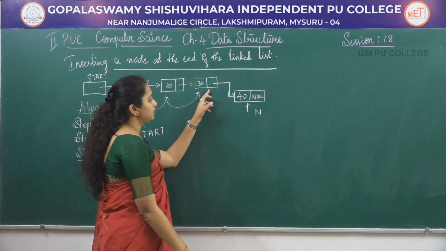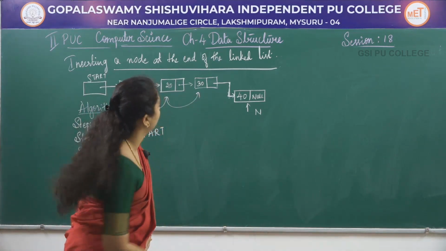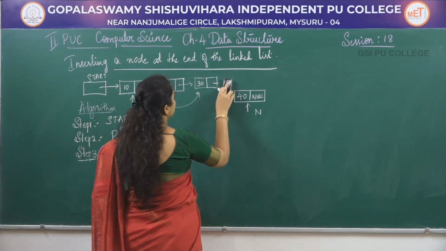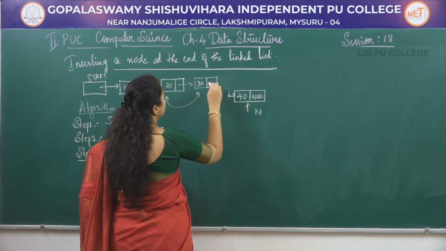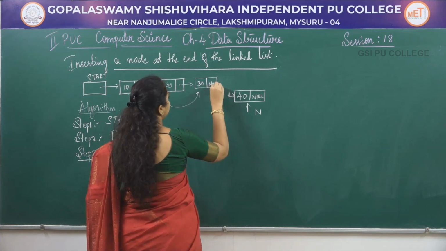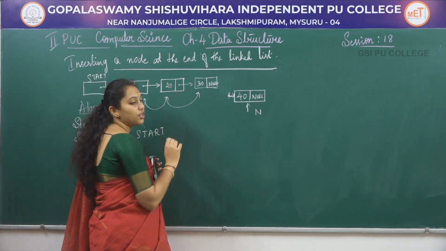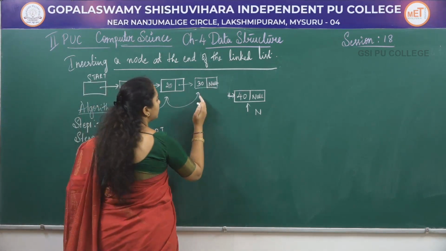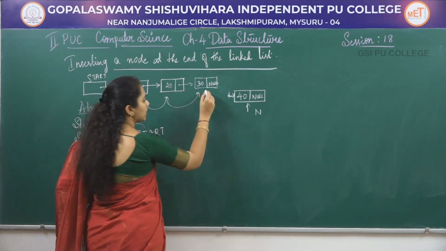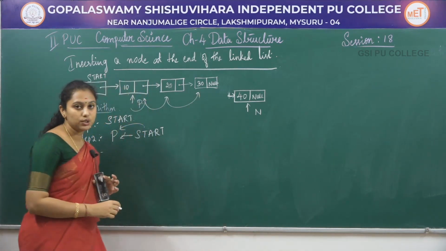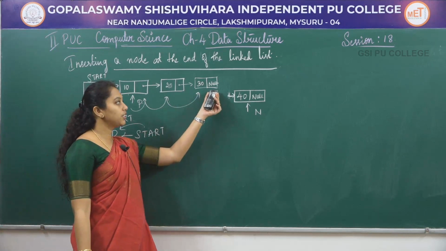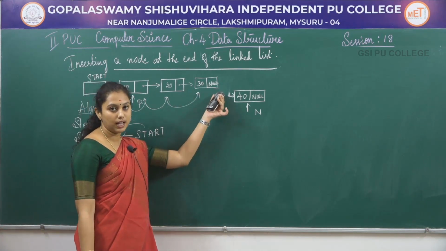Before this insertion, the last node contains null, right? So the link part contains null. So we are going to stop the traversal. We consider this the last node, as the link part of this third node contains null.